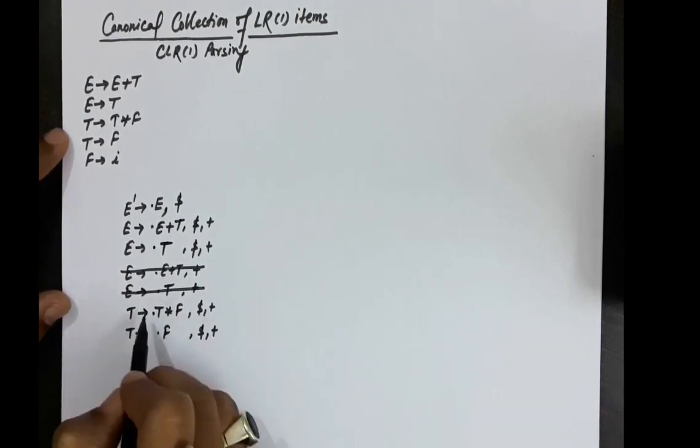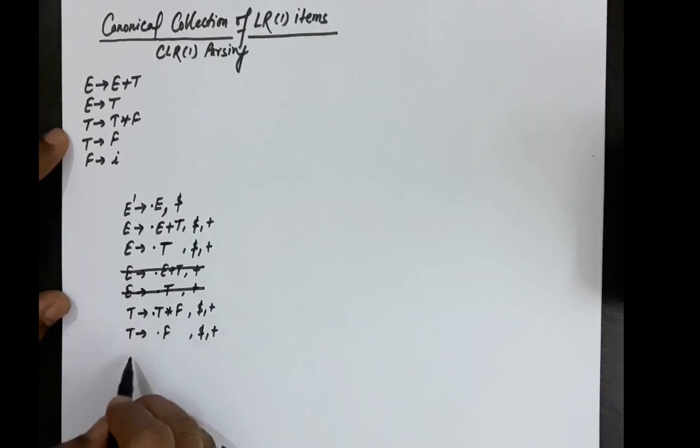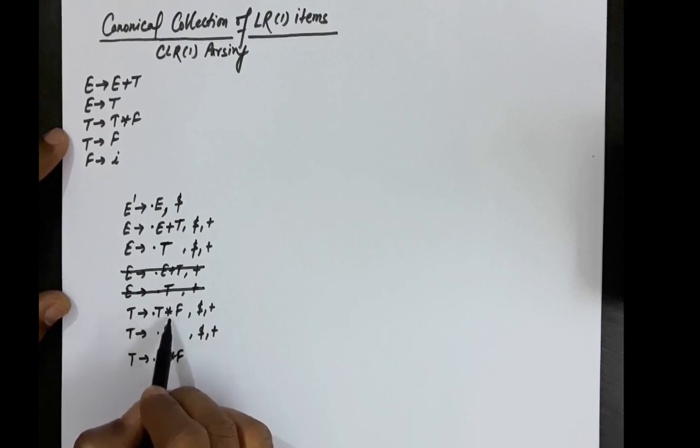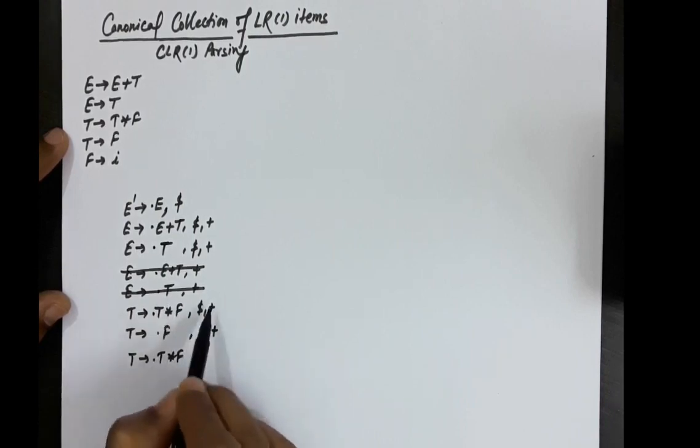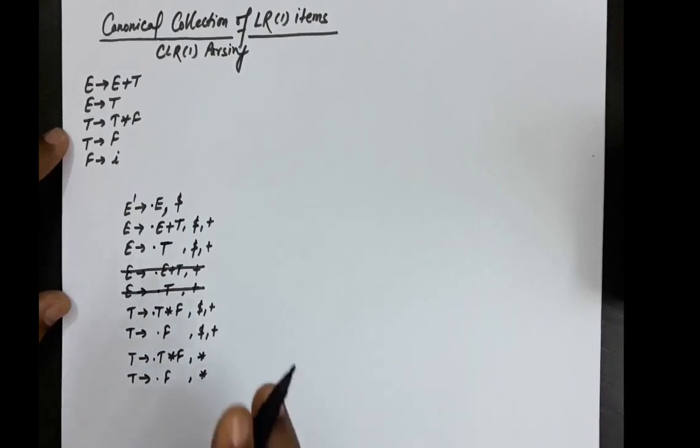Now if you take this production where a T is appearing after a dot, and you start writing the production T produces T star F, then you will be taking the first of star F dollar and plus, which will be star. Similarly, for T produces dot F, the look ahead will also be star.